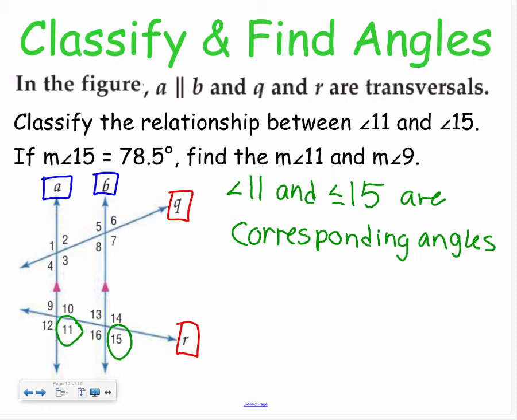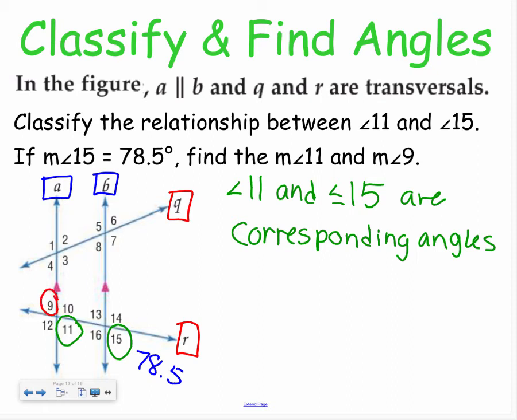Then it gives us, if angle 15 is 78.5 degrees, how big is angle 11 and angle 9? So we're adding another angle, angle 9, into play here.